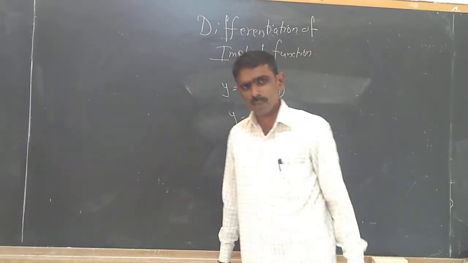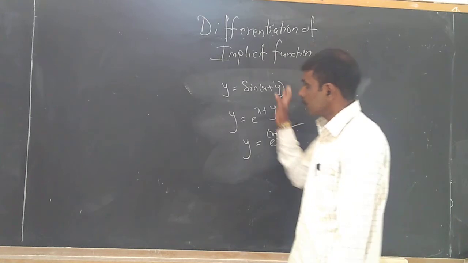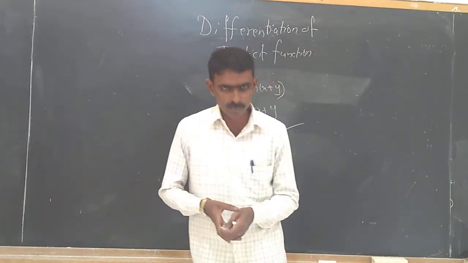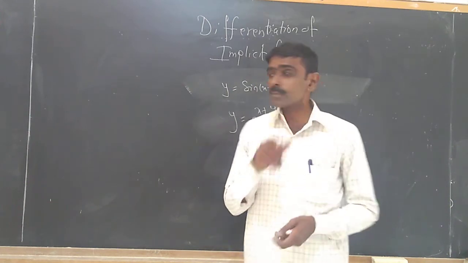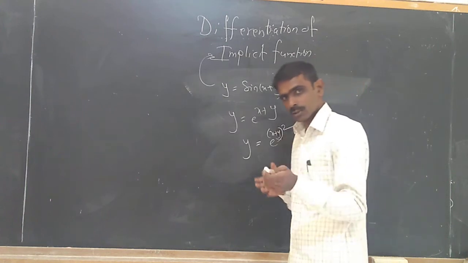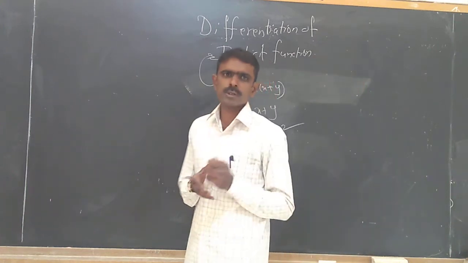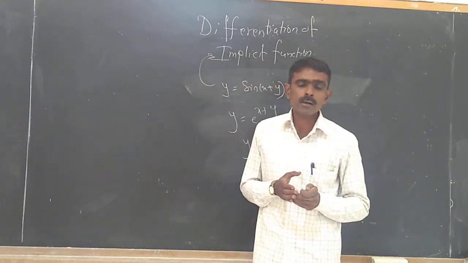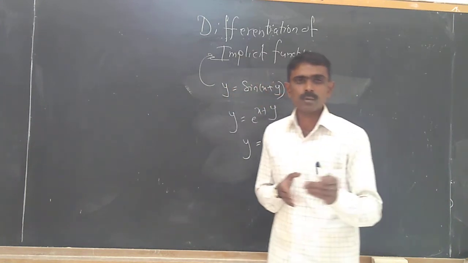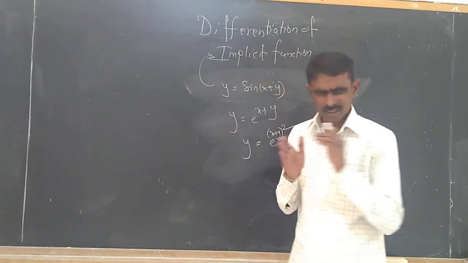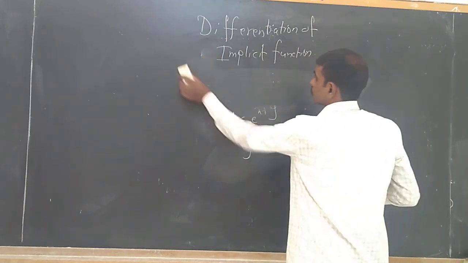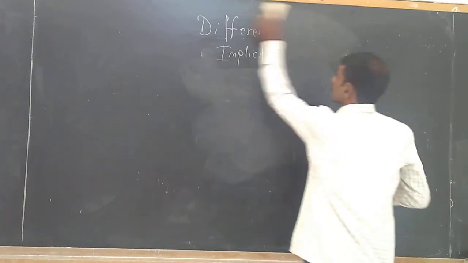This type of functions, where one of the variables is not directly expressed in terms of another variable, are called implicit functions. So the definition of implicit function is a function where one variable is not directly expressed in terms of another variable. It's a very simple definition.